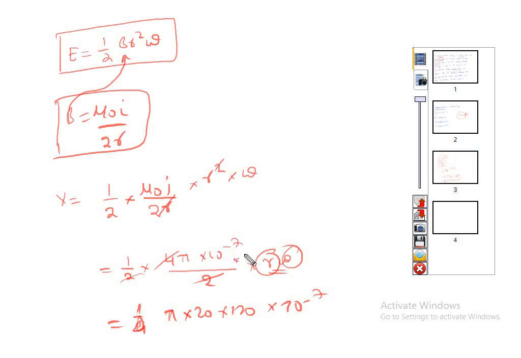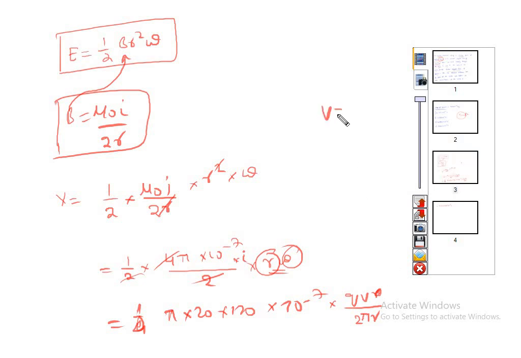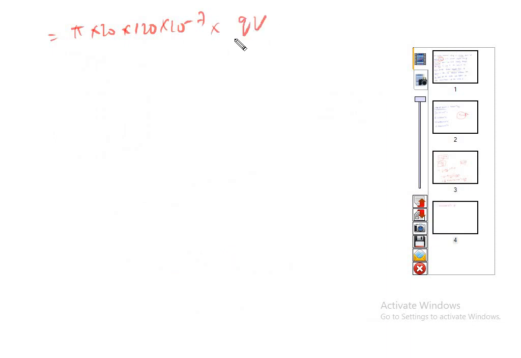And if you check here, we have missed that I is equal to QV by 2 pi R. V is equal to omega R, so we can write it as pi into 20 into 120 into 10 to the power of minus 7 into QV by 2 pi R. The pi gets cancelled, and V is equal to omega times R, so this R gets cancelled.